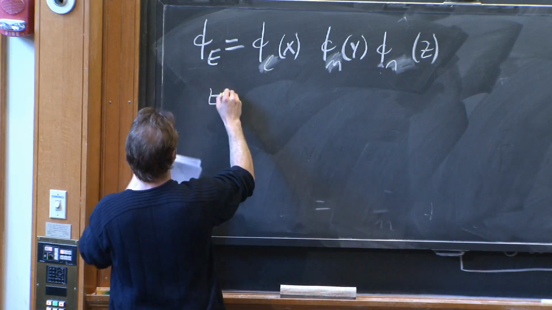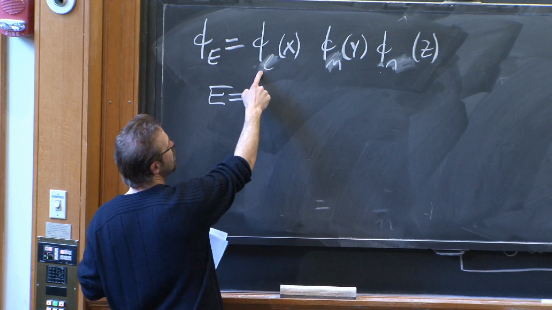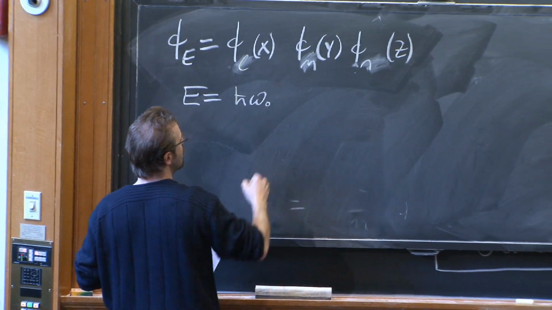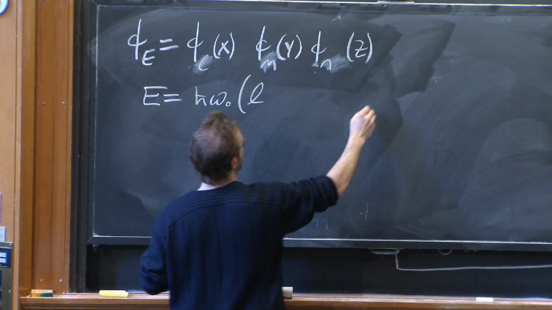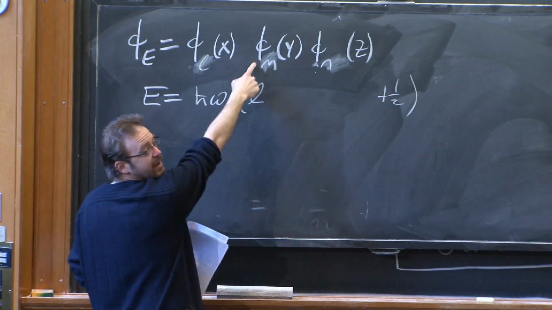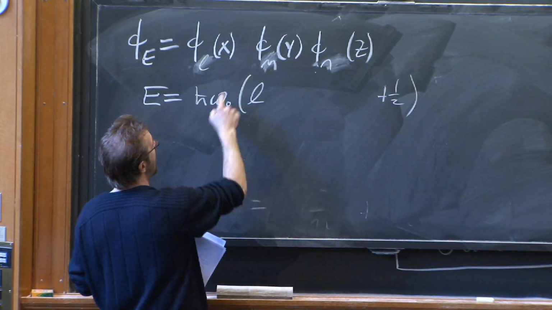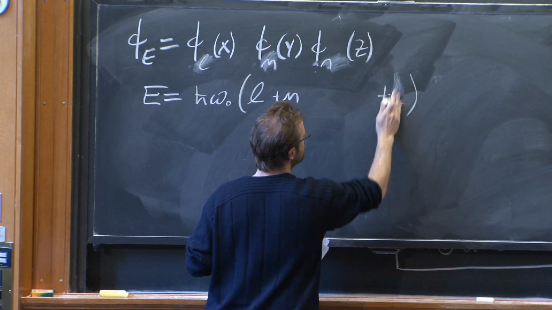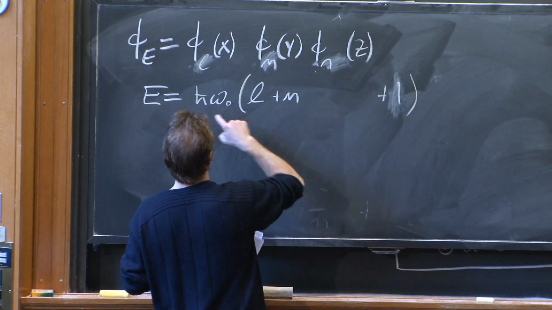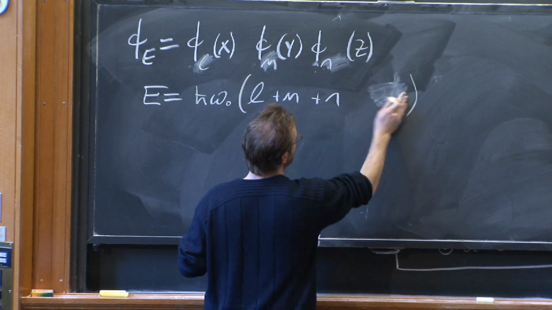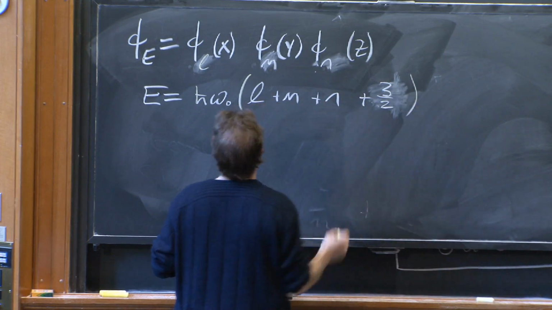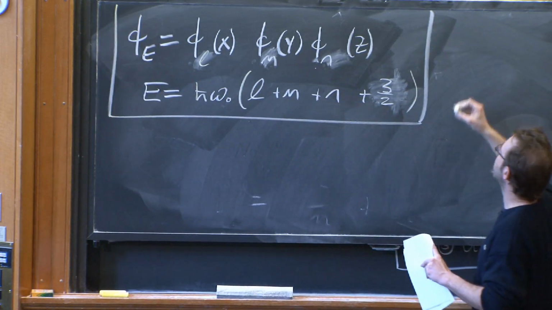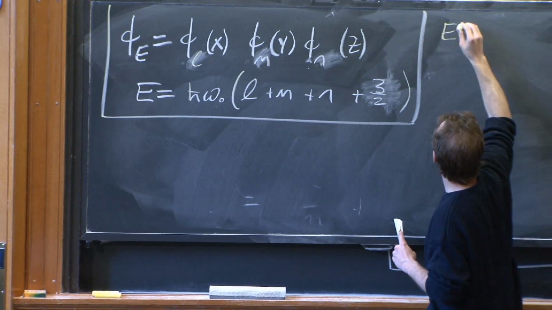With the energy, we know the energy of a harmonic oscillator state with excitation number l is h bar omega, the overall omega, times l plus 1/2. But from this one, it's got excitation number m, so the energy of that is h bar omega times m plus 1/2, and now that's plus 1. And for this one, similarly, n plus 1/2 again, so plus 3/2 in total. So this is a basis of solutions of the energy eigenfunction equation. These are the solutions, the energy eigenfunctions.